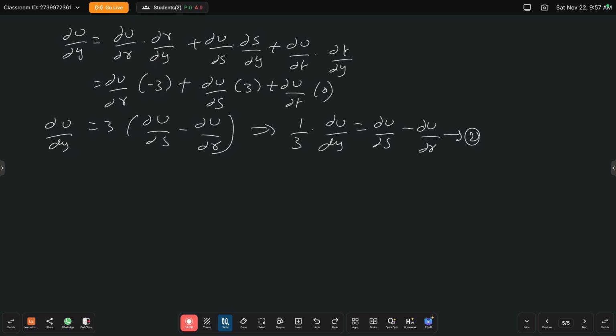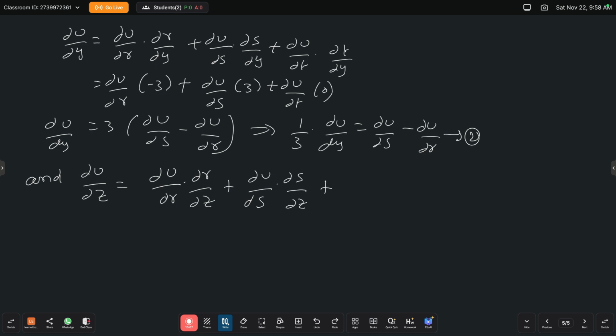That is equation 2. In the same way, you can determine dou u by dou z. The same can be applied for the partial coefficients: dou u by dou r into dou r by dou z, plus dou u by dou s into dou s by dou z, plus dou u by dou t into dou t by dou z. You know the values of dou r by dou z, dou s by dou z and dou t by dou z, right?